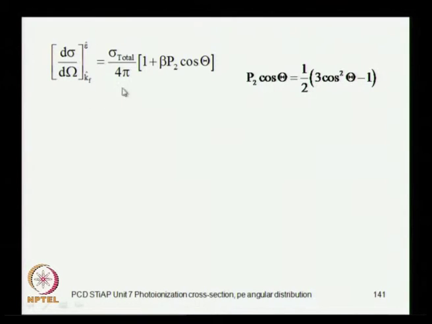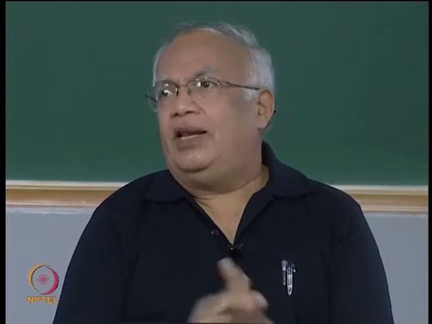This is the differential cross section, which is now written in a very compact form, which is part of sigma, sigma divided by 4 pi, and then you have the 1 plus beta and the Legendre polynomial for L equal to 2. So beta is the angular distribution asymmetry parameter. Now the differential cross section, of course, is a positive quantity, right, it is a transition probability.